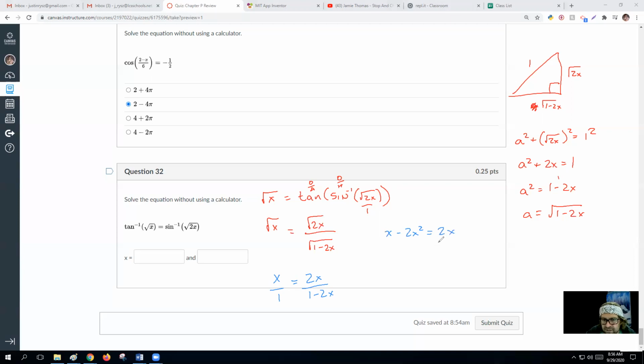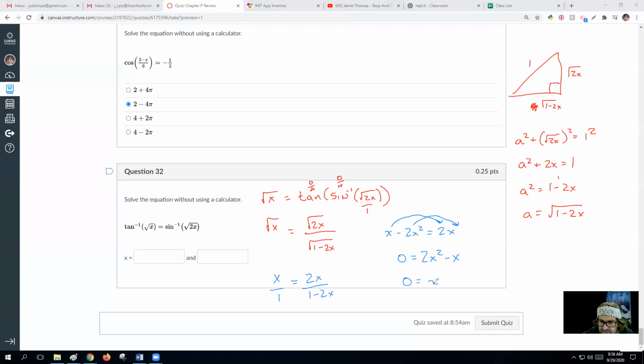And now I'm going to try to get the x by itself. Okay, so I'm going to move everything over to this side here just to keep the x squared positive. So if I move this 2x squared over to the other side, it becomes a positive 2x squared. And if I subtract this x over, I get a minus x. So then what we need to do, this is a quadratic, we will factor it.